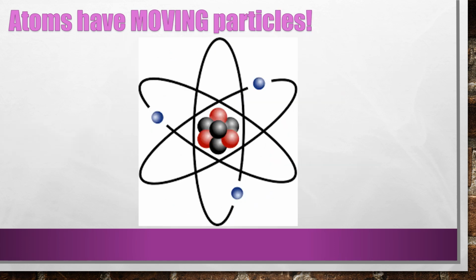Normally you will see an atom drawn kind of like this, right? Atoms are shown with these weird ovals and stuff. What they're trying to show you is that inside are your protons and neutrons, and on the outside are all of these electrons that are in motion. They're in constant orbit, flying around the nucleus of the particular atom.